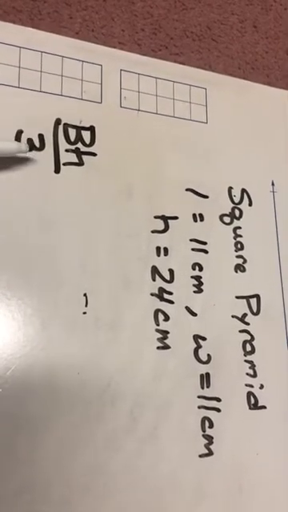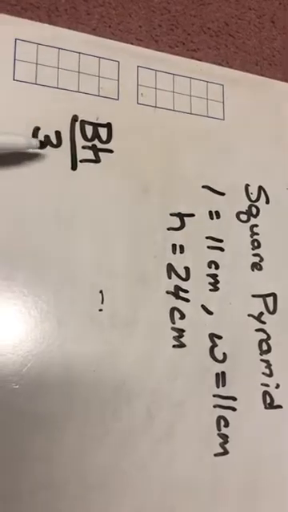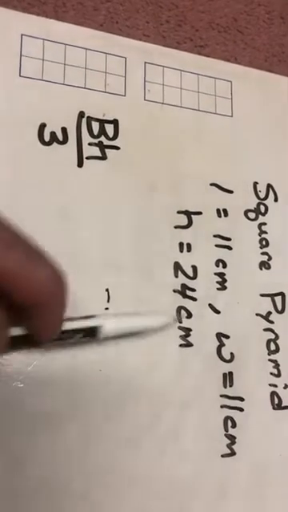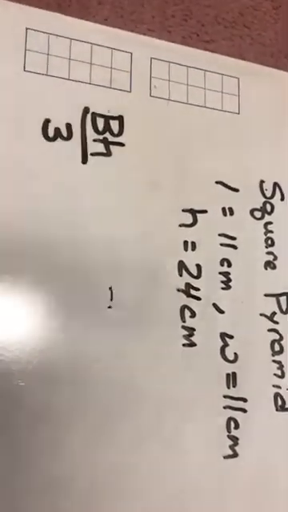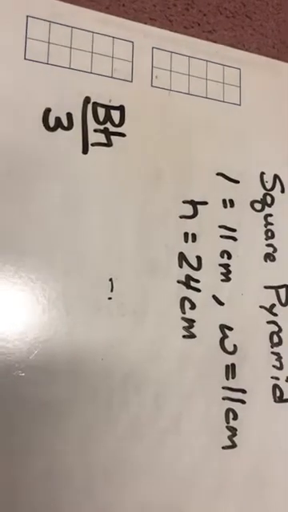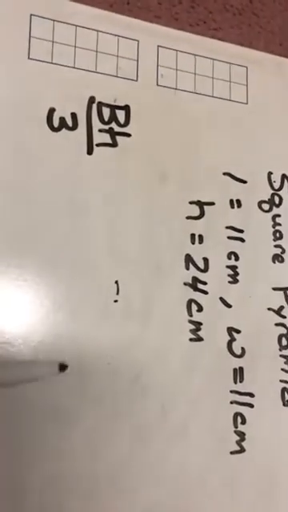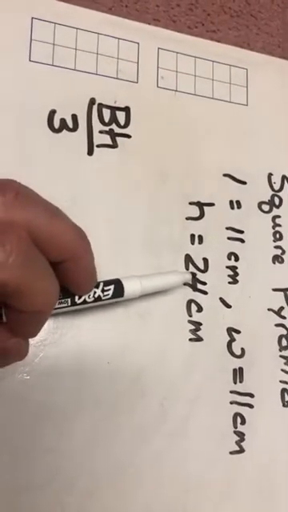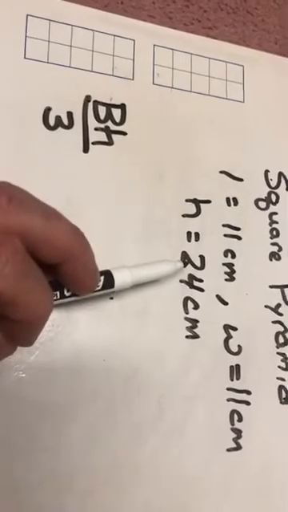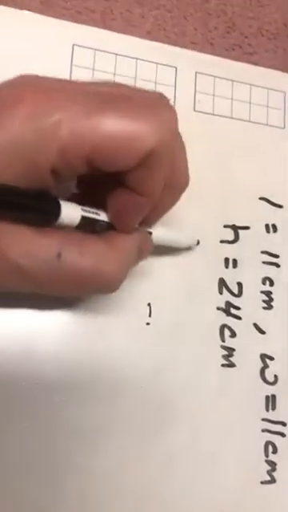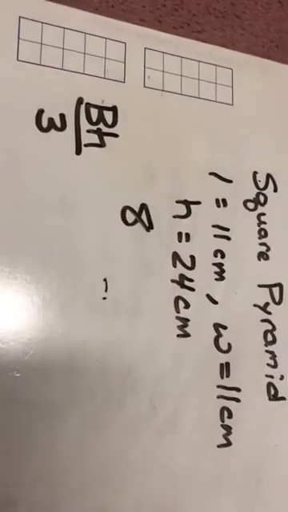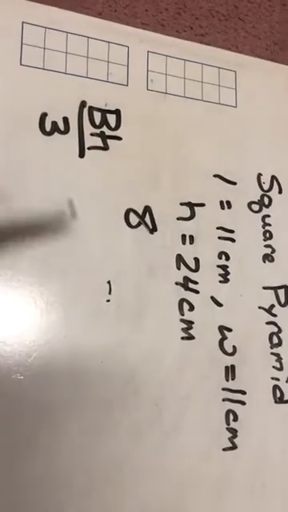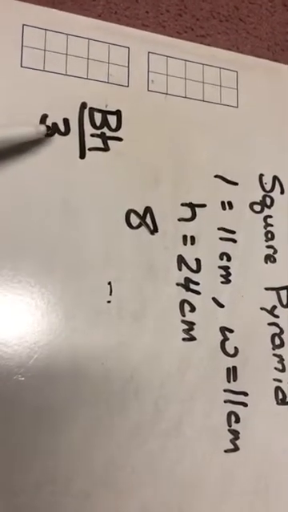Okay? So there's no reason why you can't divide by 3 at the beginning. If you see that one of the numbers is divisible by 3, you can actually just do that first. And I can see, well, 11 is not divisible by 3, but 24 is. I can do 24 divided by 3 and get 8. Okay?